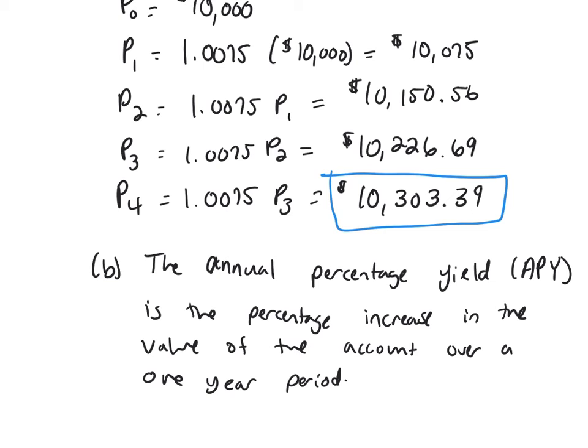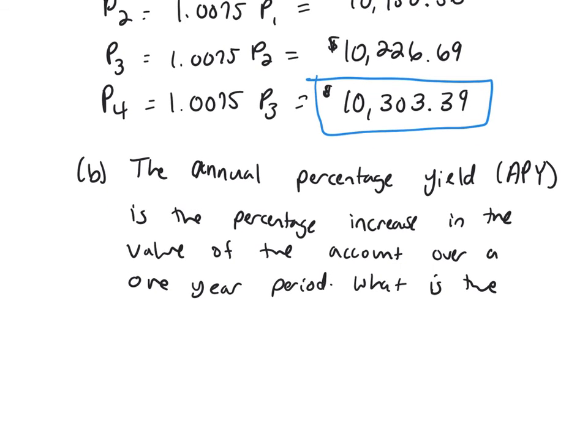So it's looking back at it in terms of a year and saying how much did it increase. So what we want to know is what is the APY for this account.